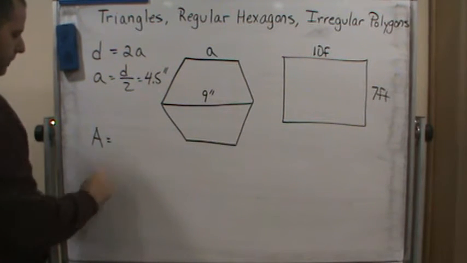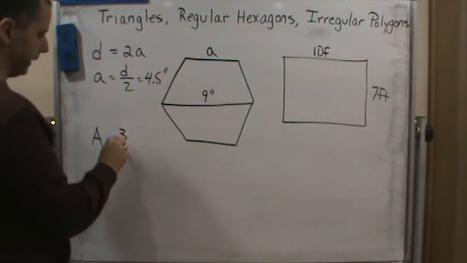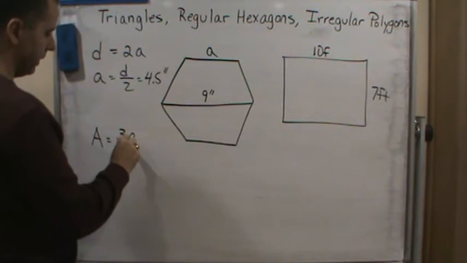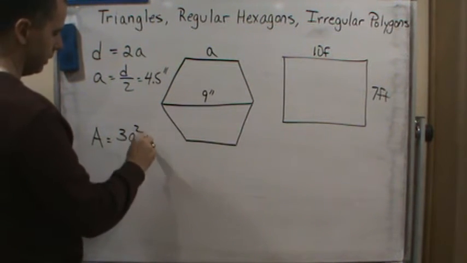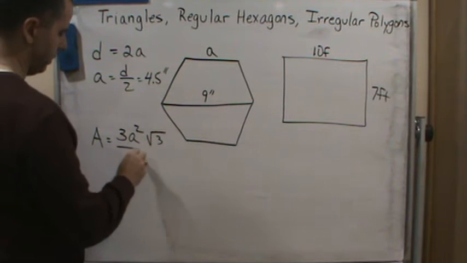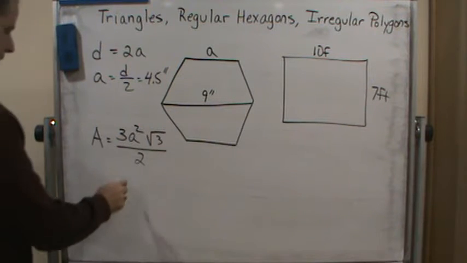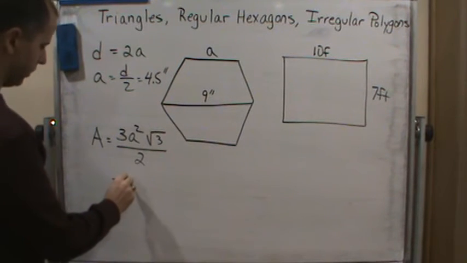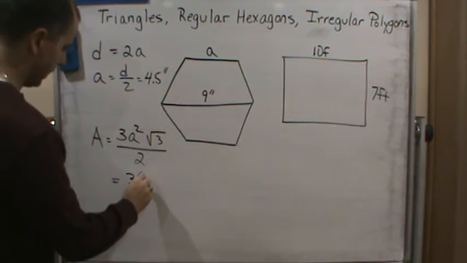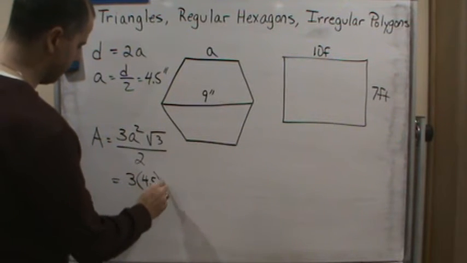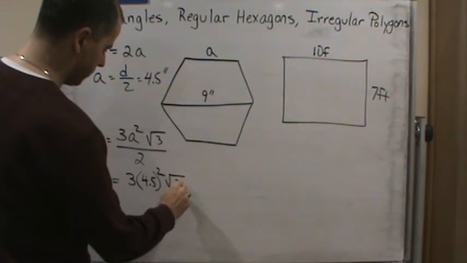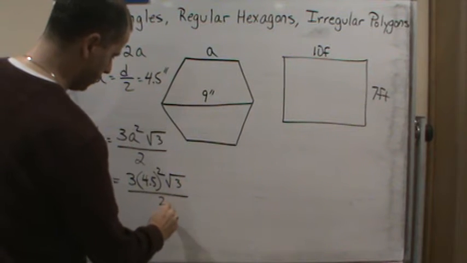Now we can find the area of the tile by just using the formula. So area is going to equal what? It's going to be 3A squared times the square root of 3 over 2. Okay? And so we just plug and chug. So this is going to be 3 times 4.5 squared times the square root of 3 over 2.